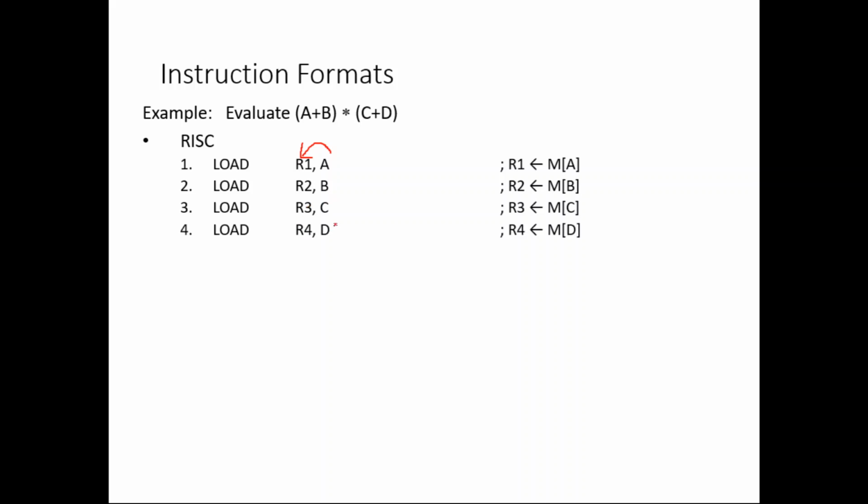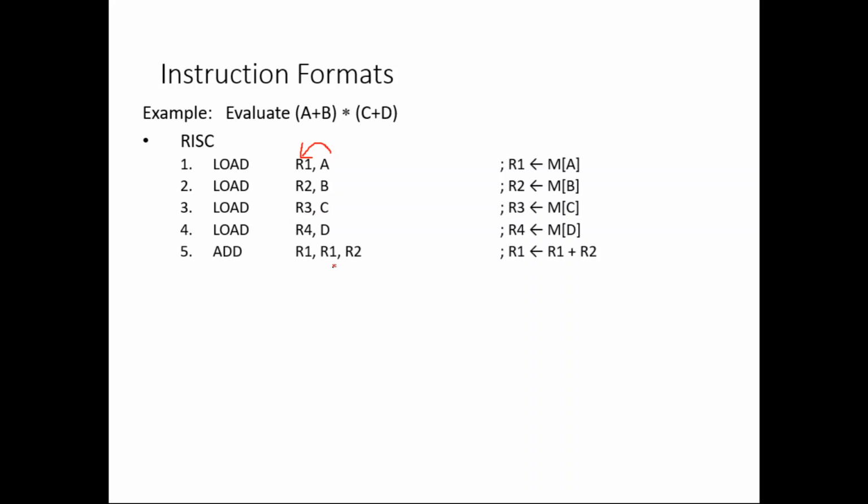Load R4 comma D. This will load the content of memory location D to R4. Now all the contents of the memory locations were moved to the appropriate registers. A is moved to R1, content of B is moved to R2, content of C is moved to R3, content of D is moved to R4.